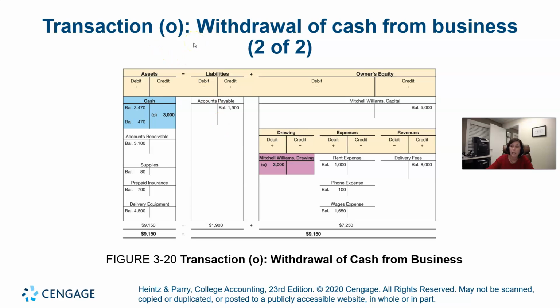I have no idea how many that is, but we see that he's got still his $5,000 in equity remains intact. That's actually offset by the fact that he's taken $3,000 out of the business in the form of a draw, and our delivery fees are reduced by our expenses, and so our total owner's equity is $7,250, and because basically the net income is attributed to owner's equity, the difference between the fees and the expenses.